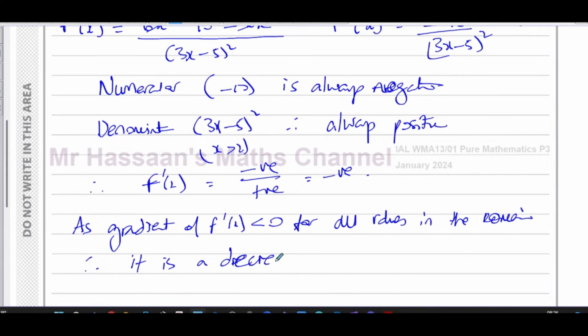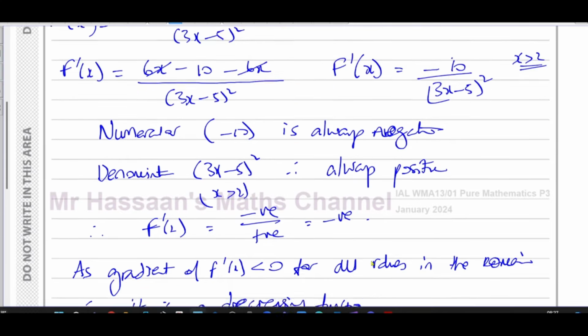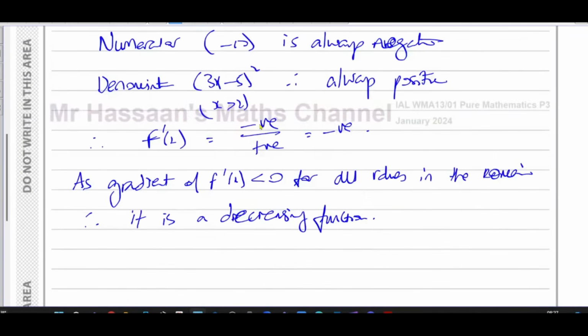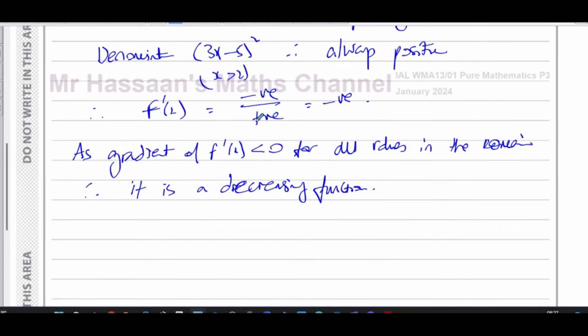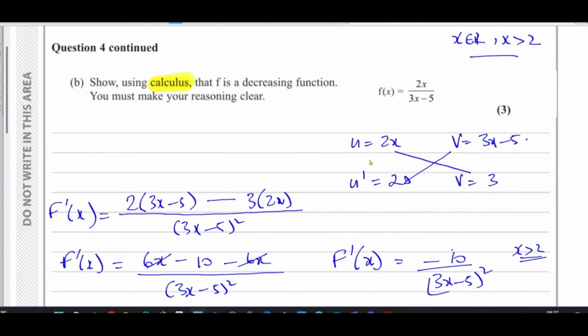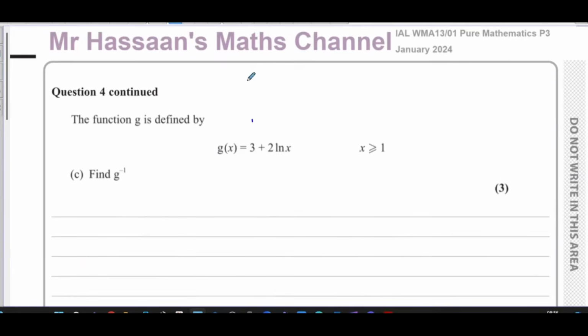Decreasing function means the gradient is always negative for every value of x that x can take. In our case, for x greater than 2, this is always going to be a decreasing function because it's negative divided by positive. That's good enough reasoning to answer this question, part B.